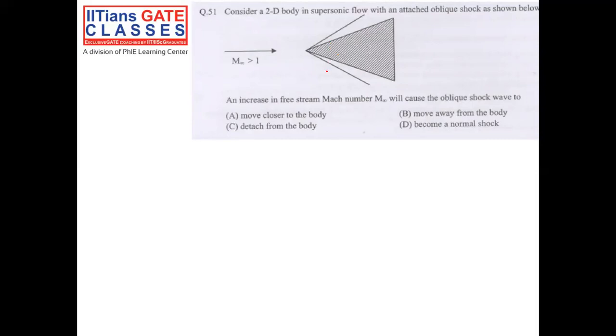So the answer will be drawn from the theta-beta-M plot of the flow. So the theta-beta-M plot for the oblique shock is as follows. Theta is basically the deflection angle.